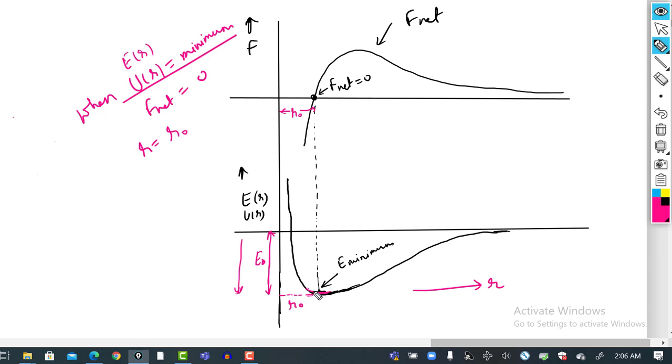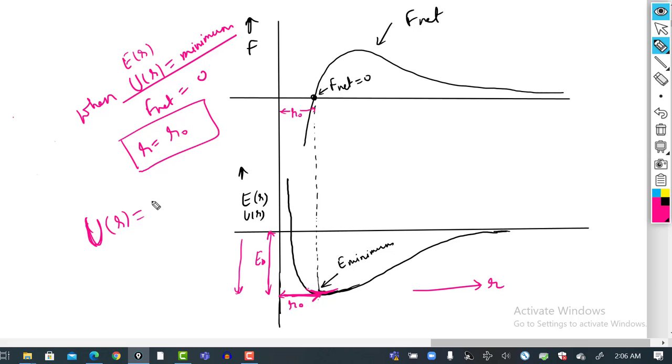you can see that at this point it is minimum, so the R at this point is going to be equal to R naught, so R becomes R naught. If I give you one equation, U of R, I have to write both the attractive part and the repulsive part.